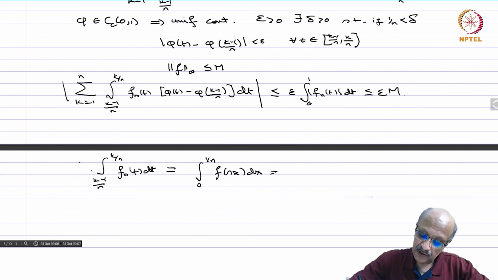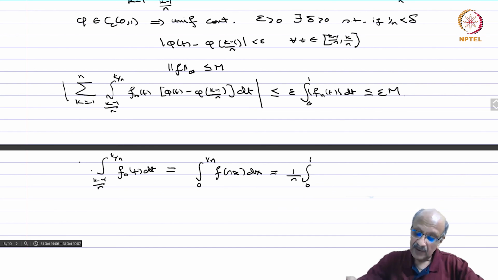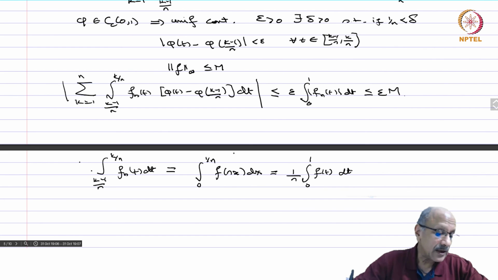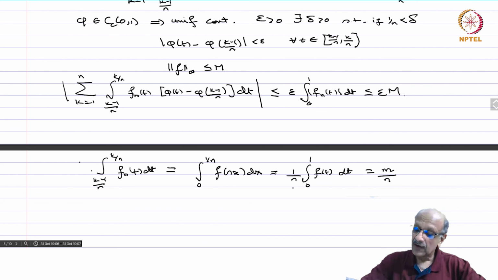If I make a change of variable, putting nx equals t, so dx is dt/n, this becomes 1/n times the integral from 0 to 1 of f(t) dt, and this is nothing but M/n, where M is the value of the integral of f. So this is what you get for every k.